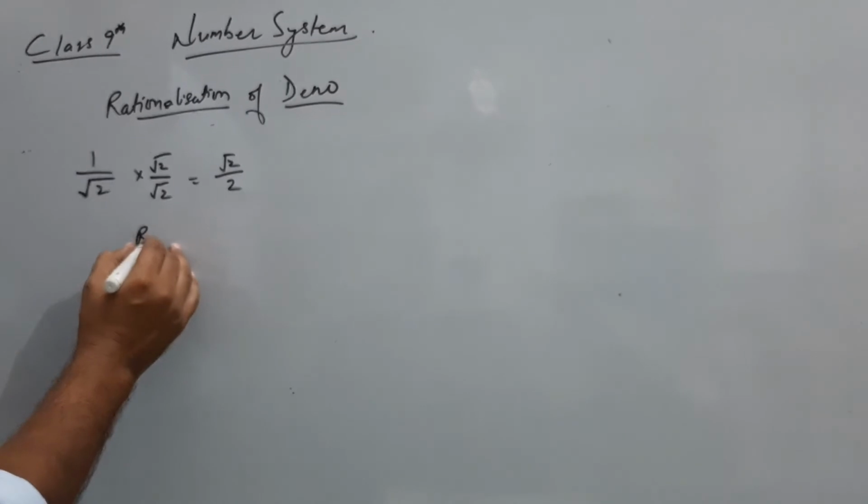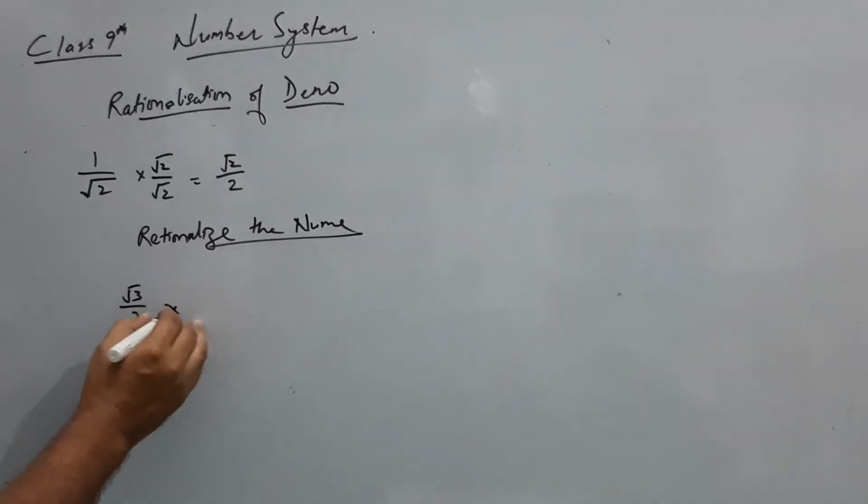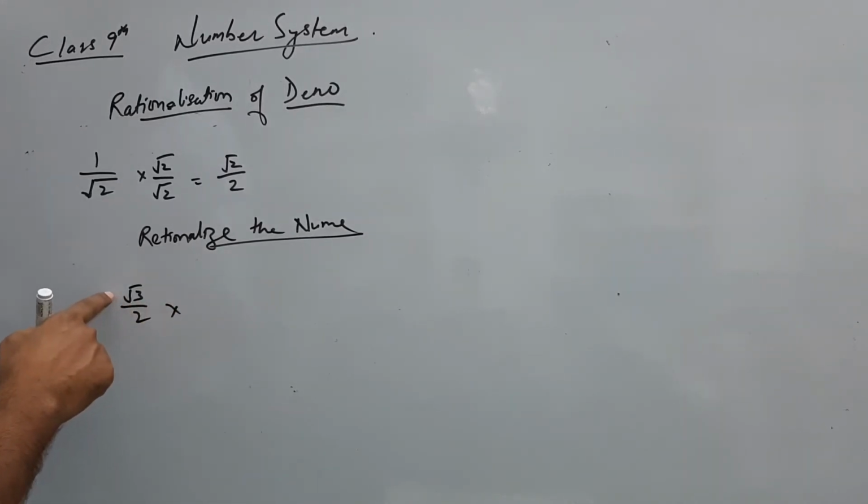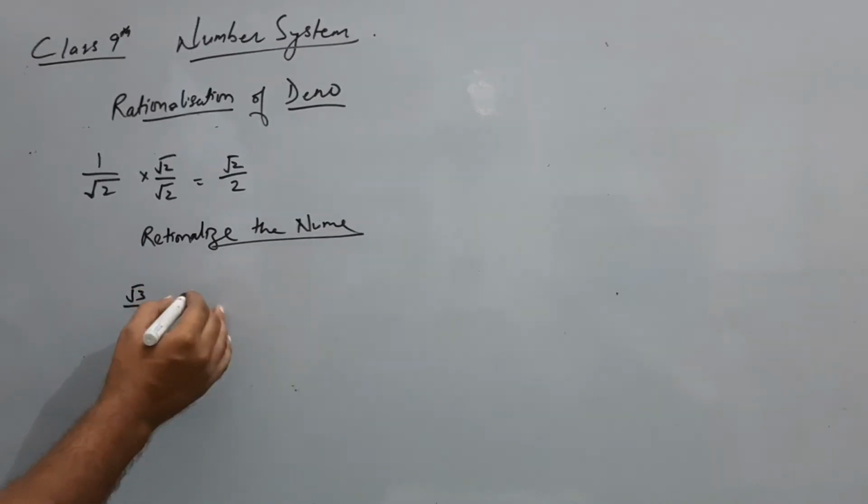Suppose they are asking to rationalize the numerator. In that case, the question will be like this: root 3 upon 2. So what do we have to do? Multiply the numerator, because now we have to rationalize only the numerator, not the denominator.